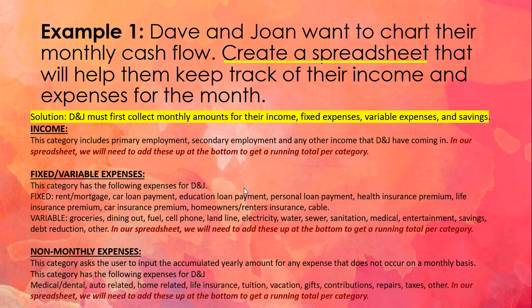The categories for Dave and Joan are going to be medical and dental, auto, home, life insurance, tuition, vacation, gifts, contributions, repairs, taxes, and so on. Obviously you don't pay your taxes on a month-to-month basis, so we still have these expenses to account for. Again, in our spreadsheet, we're going to need to add these up at the bottom and get a running total per category.